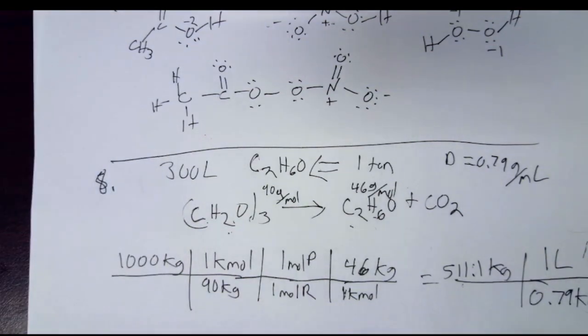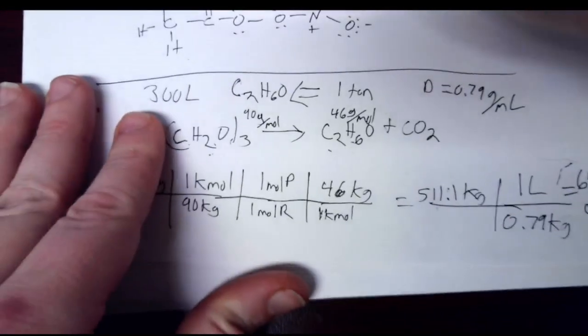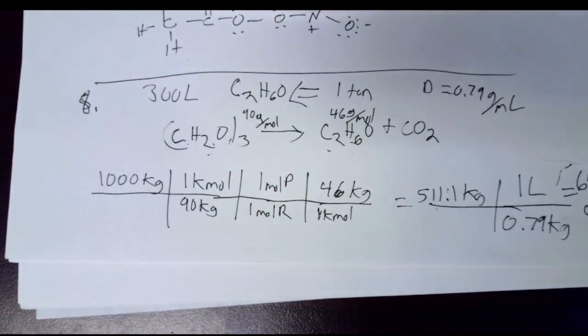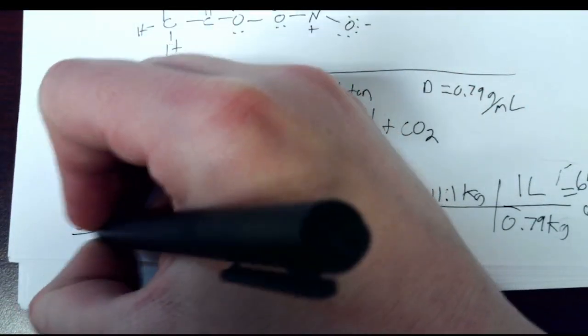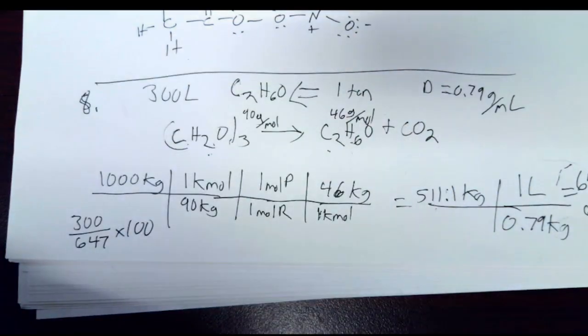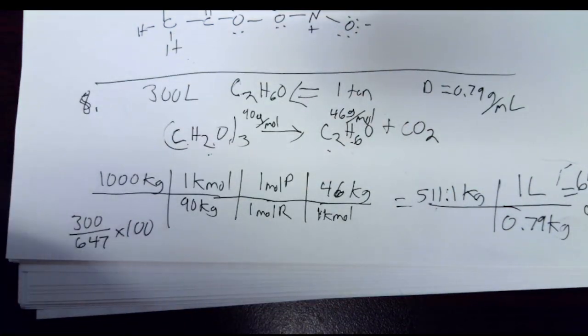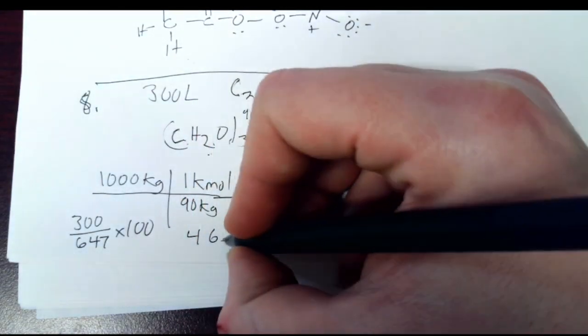So that's assuming 100%. If I'm supposed to get 647 and I produce 300, the efficiency would be 300 divided by 647, which gives me an efficiency of something like 46.4%.